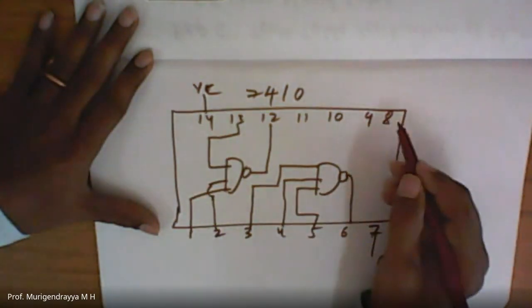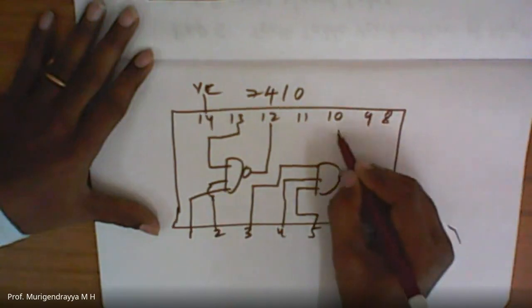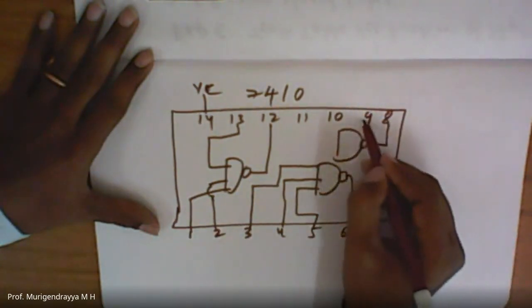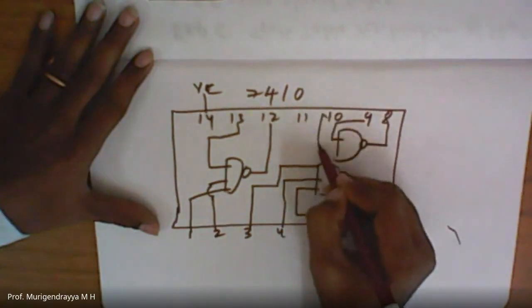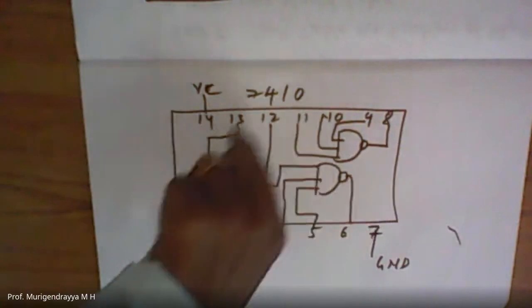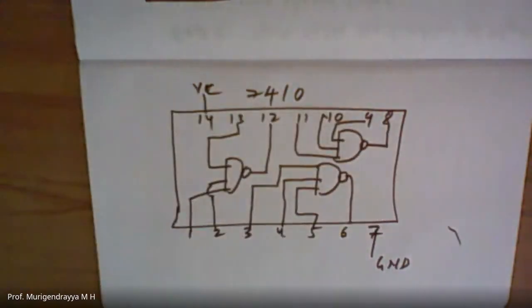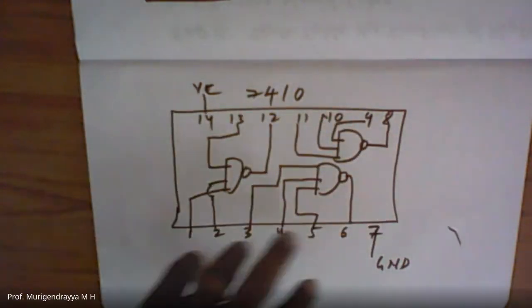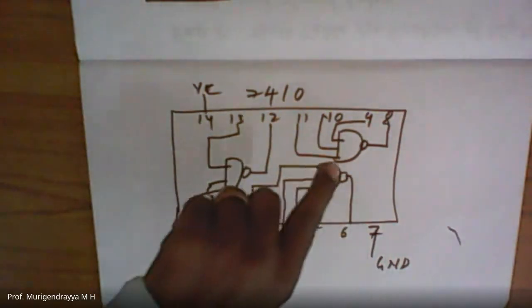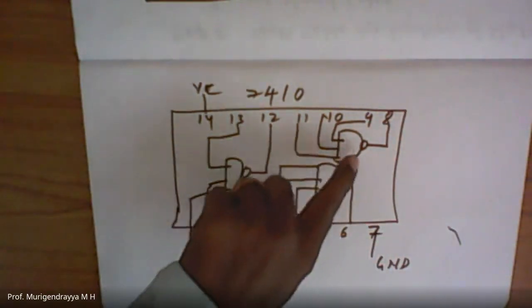And the third NAND gate has pin number 8 as output, and pin numbers 9, 10, and 11 as inputs. This is the data sheet I have roughly written here, right? Now you can understand the connection and the data sheet details of these pins.